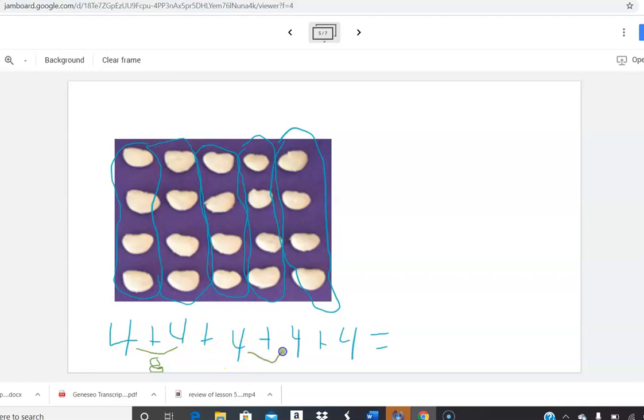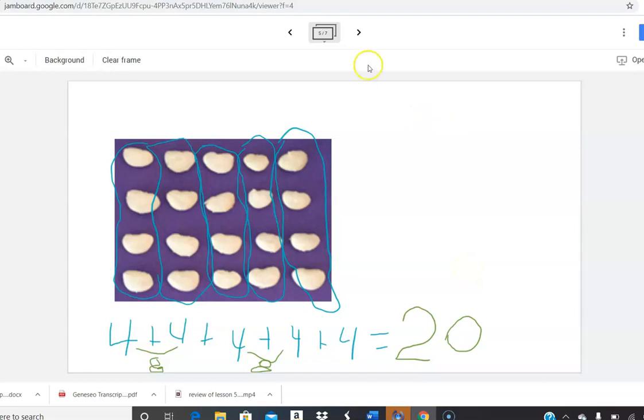And this 4 plus 4 would give us 8. 8 plus 8 is 16. And 4 more gives us 20. So 4 plus 4 plus 4 plus 4 plus 4 gives us 20.